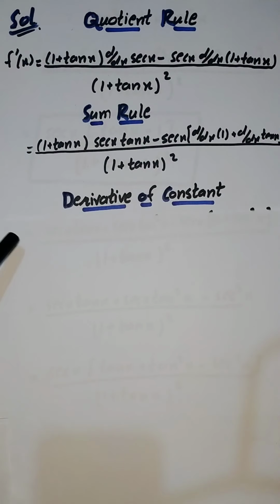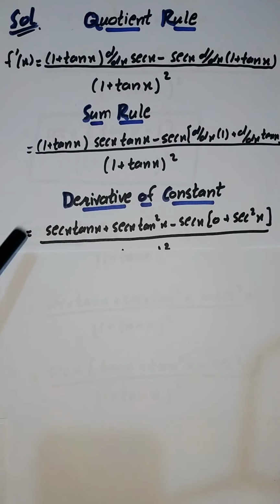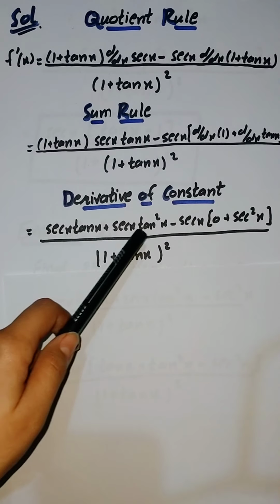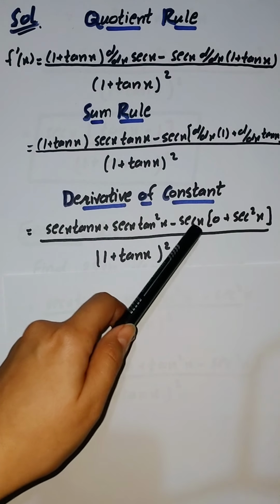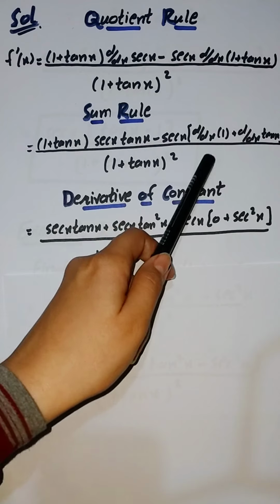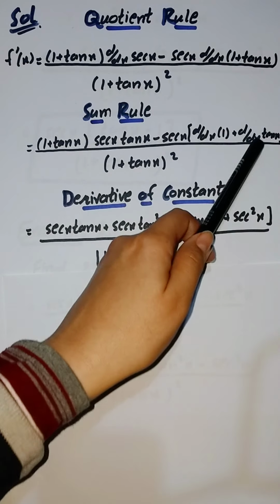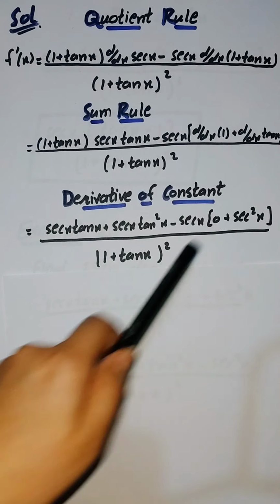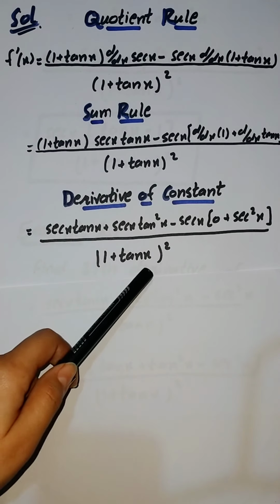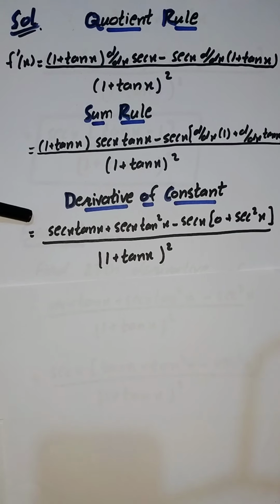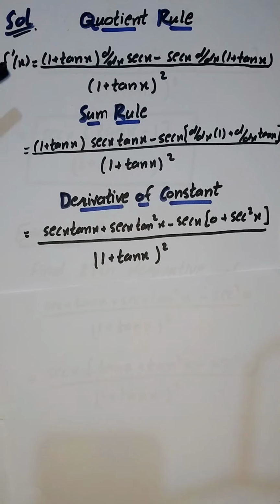So by multiplying these two, it will become secant x tan x plus secant x tan square x, minus secant x as it is, the derivative of the constant function which is equal to 0 plus the derivative of tan x which is equal to secant square x, whole divided by 1 plus tan x whole square. So here you can see we have used three different rules of derivatives and the derivative of trigonometric functions.